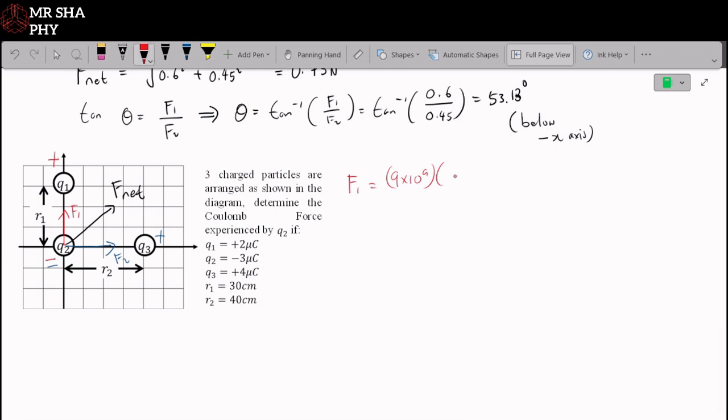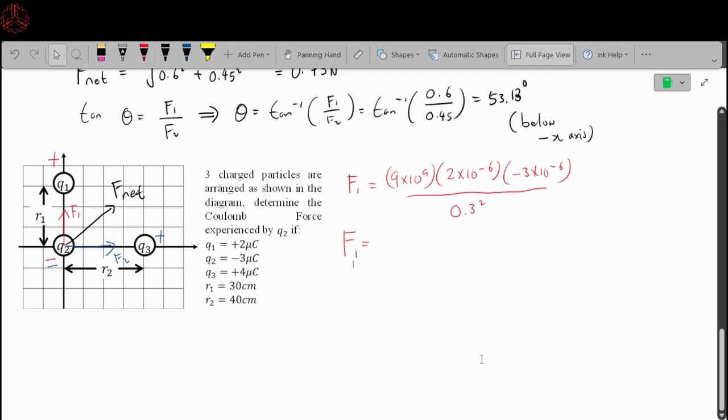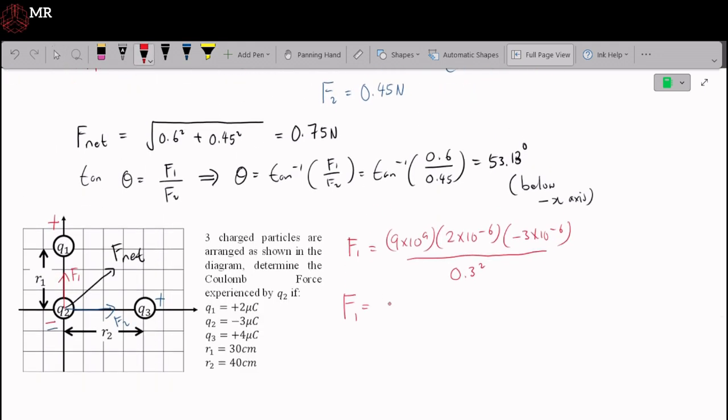Mind you, the negative 0.6 does not represent that it's moving in the negative y direction. It simply means that it is attractive. The force between Q1 and Q2 is going to be attractive. Okay, so here's the step-by-step solution. I have my substitution as well as the final answer for F1, which is again negative 0.6 Newton.